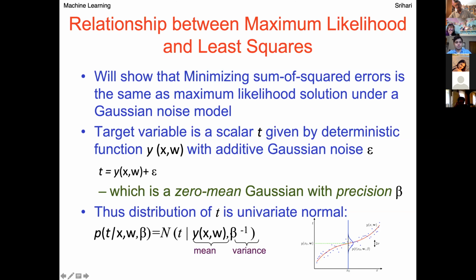In machine learning, we sometimes use the word precision instead of variance. So 1 over variance is the precision. So when the variance of the data is large, we say its precision is small. When the variance is small, we say its precision is high. Right? So it's a sensible term. Precision is how precise it is.